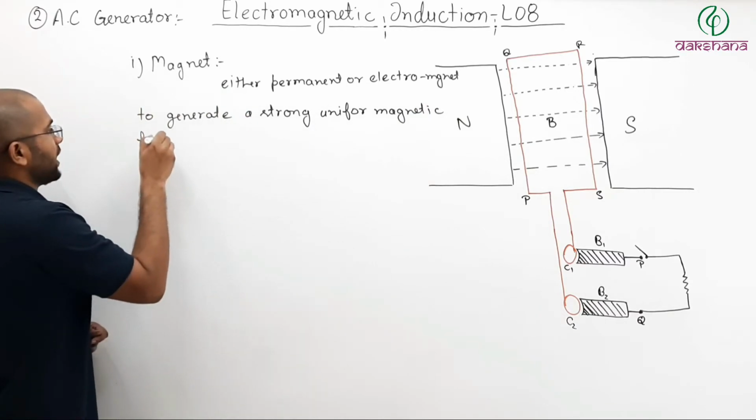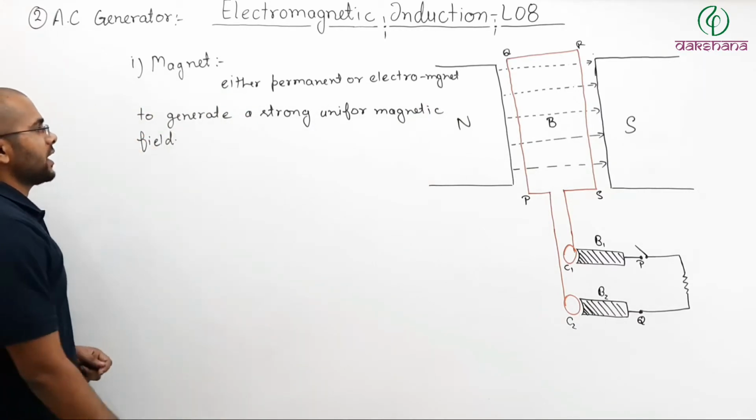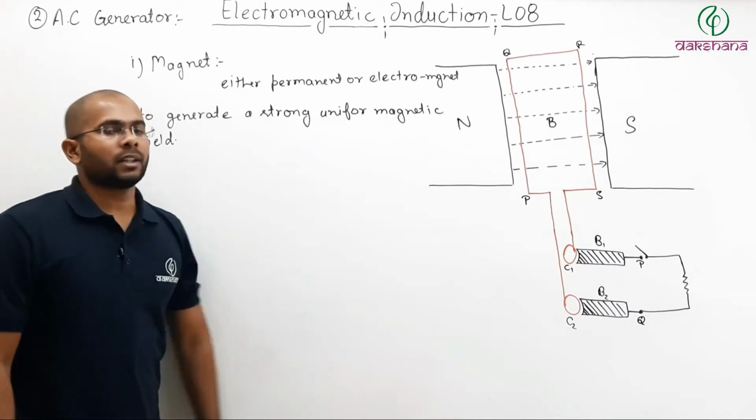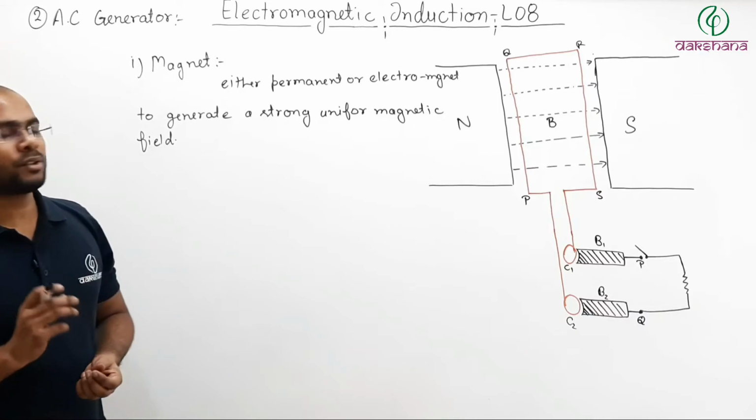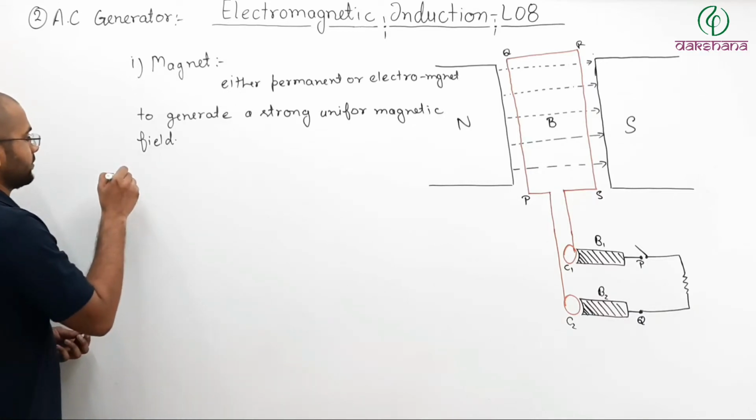Now a lot of this you might have already studied in your 10th standard. So either permanent or electromagnet. What is the purpose? To generate a very strong magnetic field.